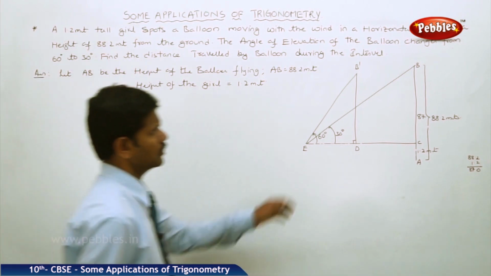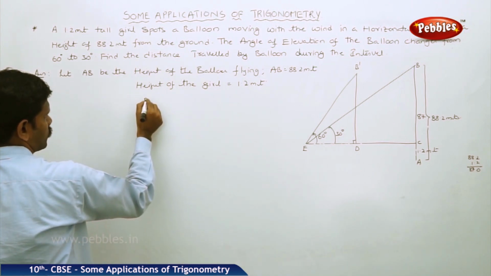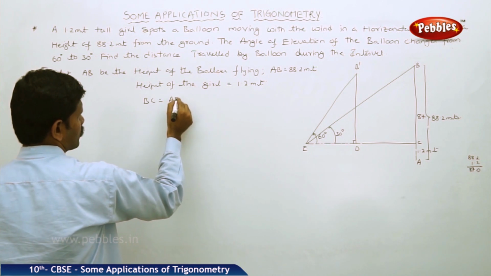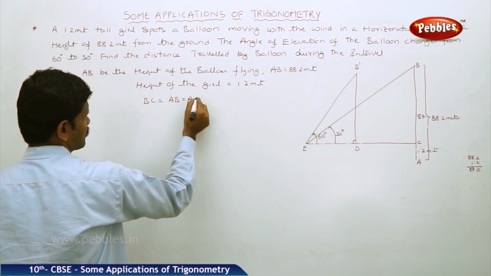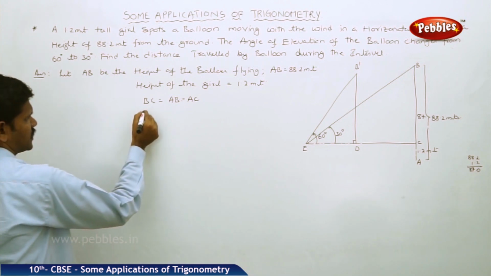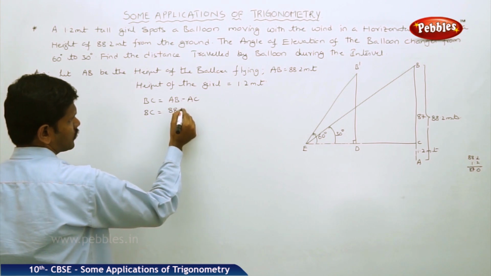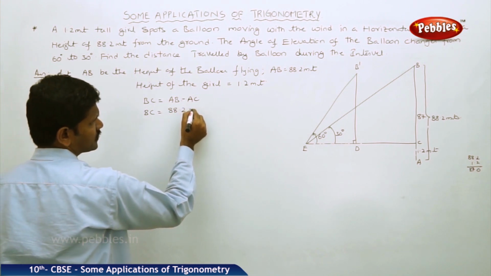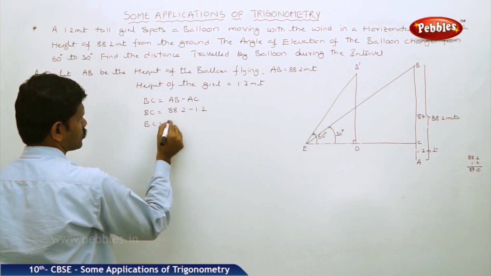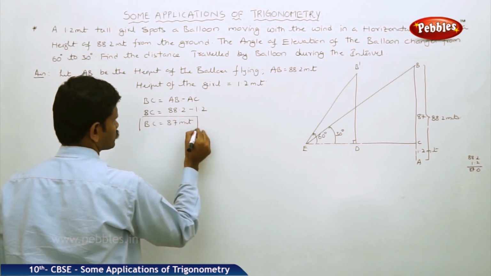Therefore, the real value is BC. To get BC, we have to find out AB minus AC. That is, BC is equal to 88.2 minus 1.2. That is, BC is equal to 87 meters.